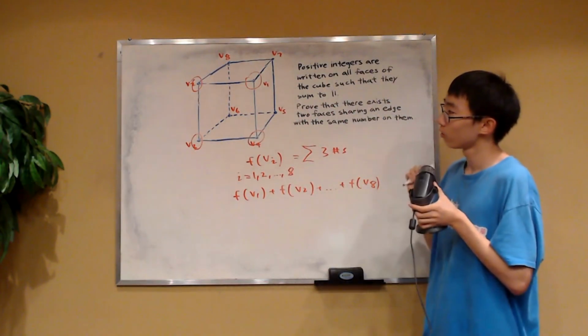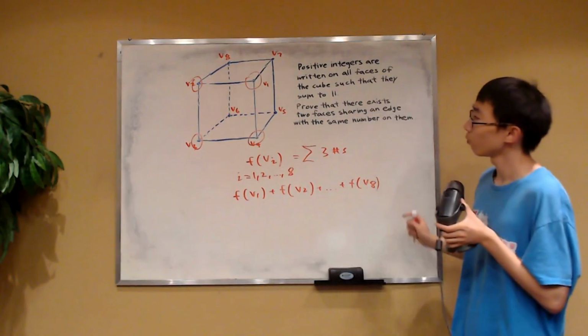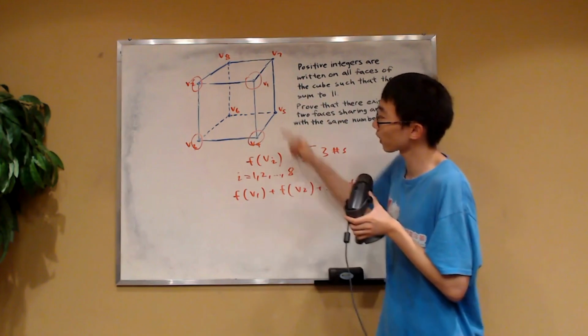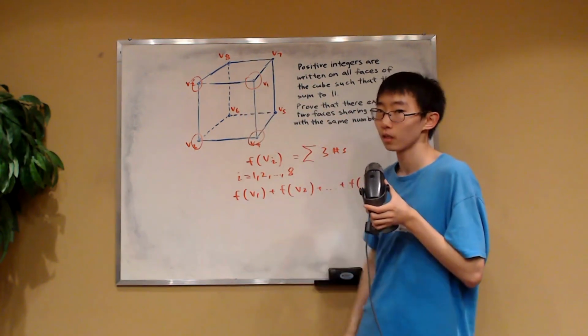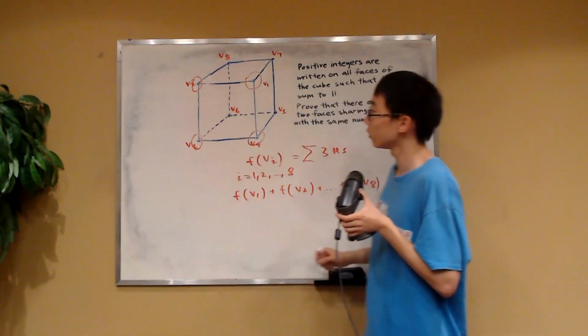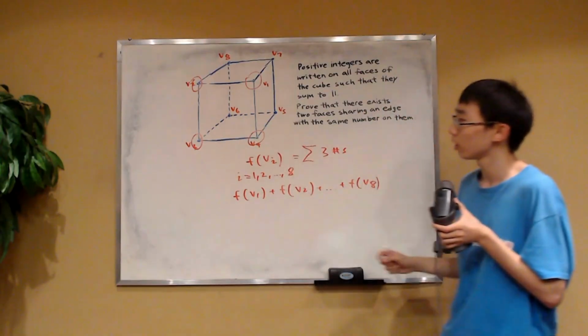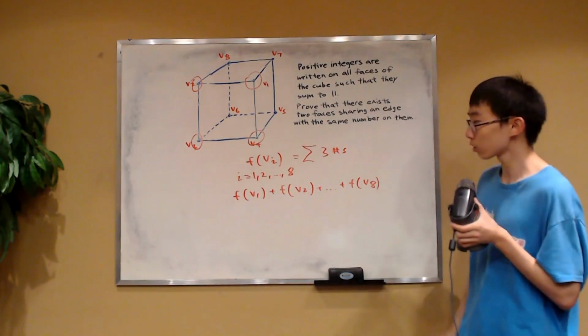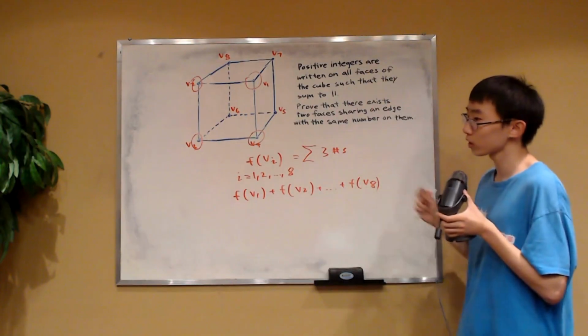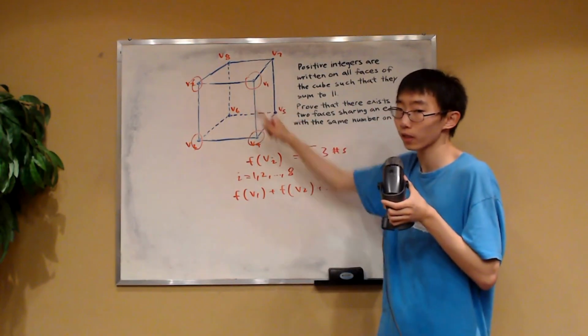Within this sum, when you add f of V1, you count the number on this face 1 time. When you add f of V2, you count the number on this face another time. And when you add f of V3 and f of V4, you count that number 2 more times. So within this sum, you are counting the number on this face 4 times.